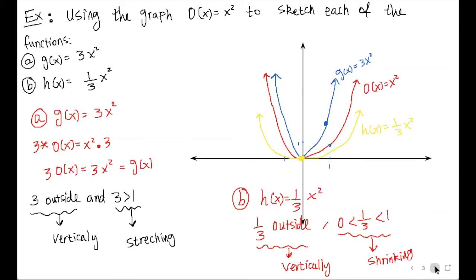From before we did A and B, now C. C is d of x equals 2 times x squared. Just C.